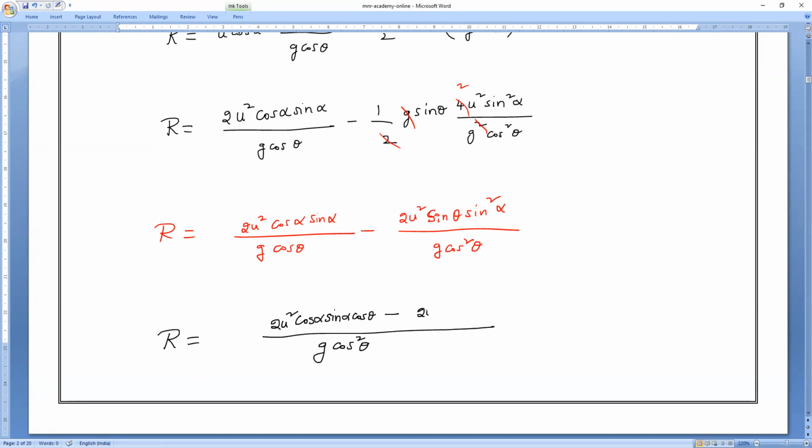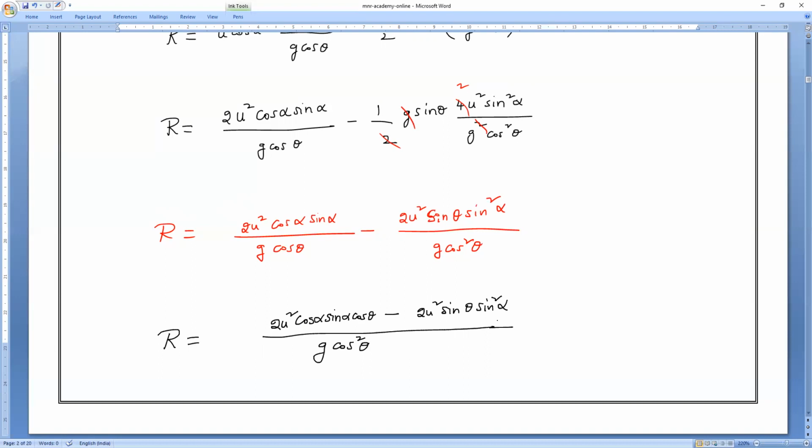Minus 2u square sin theta into sin square alpha. Till here, anybody having any doubt, please kindly let me know. Is it okay, guys? Yes, sir. Clear? Yes, sir. Next step.